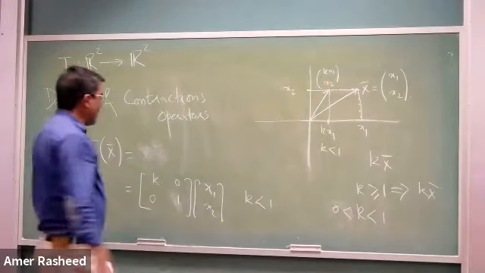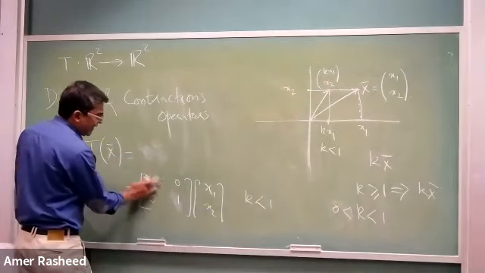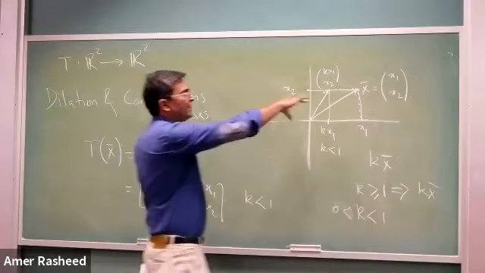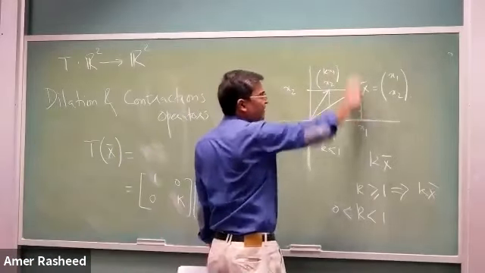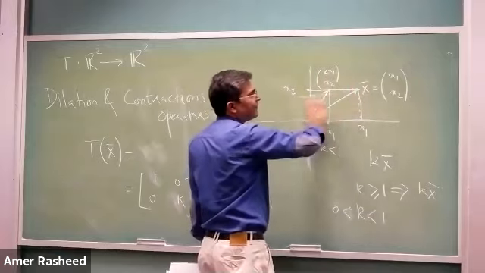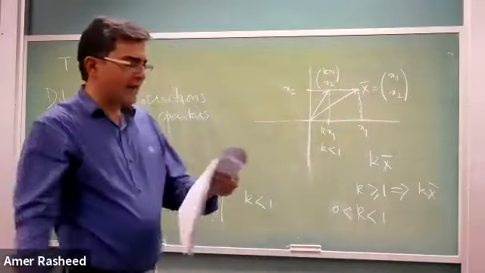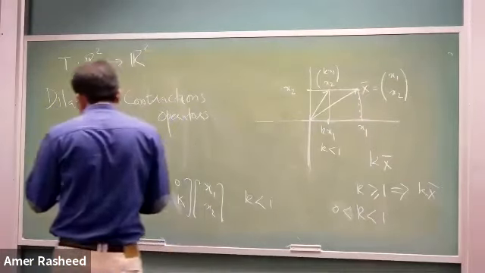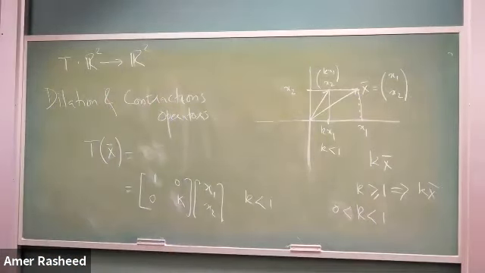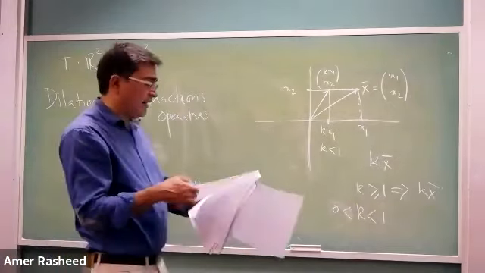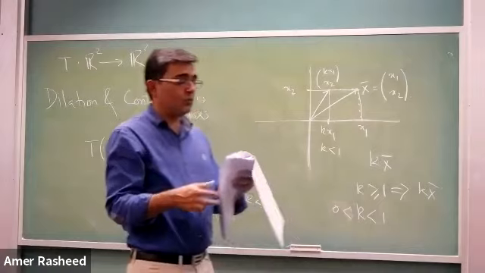Similarly, if you put 1 here and k there, then your contraction and dilation will be towards the y-axis, only the x-axis stays fixed. So this kind of contraction, compression and expansion can also be defined with the help of these kinds of linear transformations in R2.